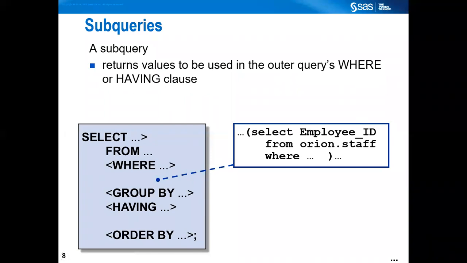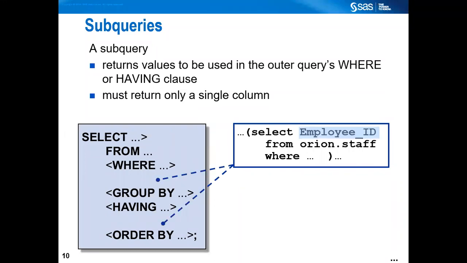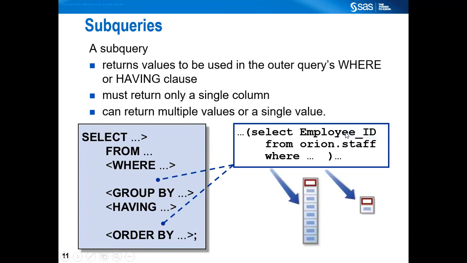Fine. And a subquery should always query a single column, and it can return a single value or multiple values. So it must query only a single column, and it can return either a single row or multiple rows. So these are your subquery rules. It is always written with the having or where clause of your outer query.